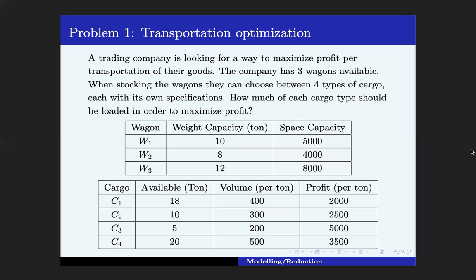Now the goal is: how much cargo will this company be able to ship using the three wagons, and which wagons should contain which kind of cargo, and so on and so forth. Is this problem clear?